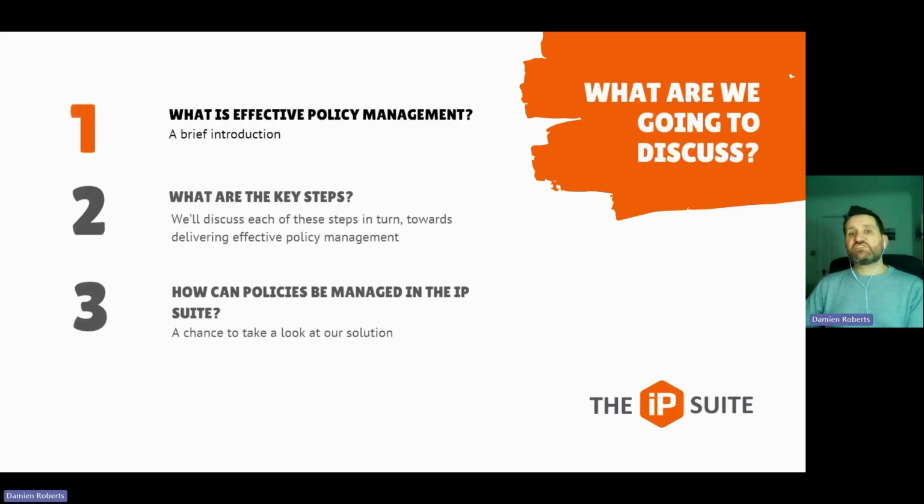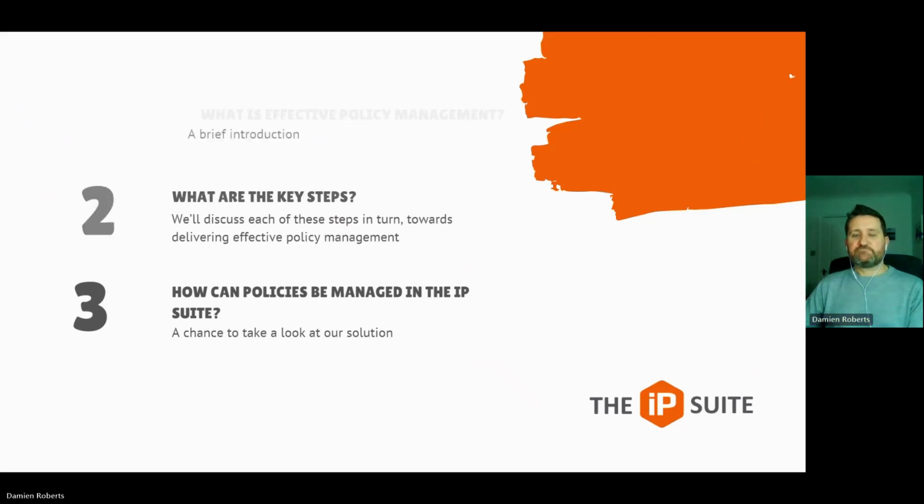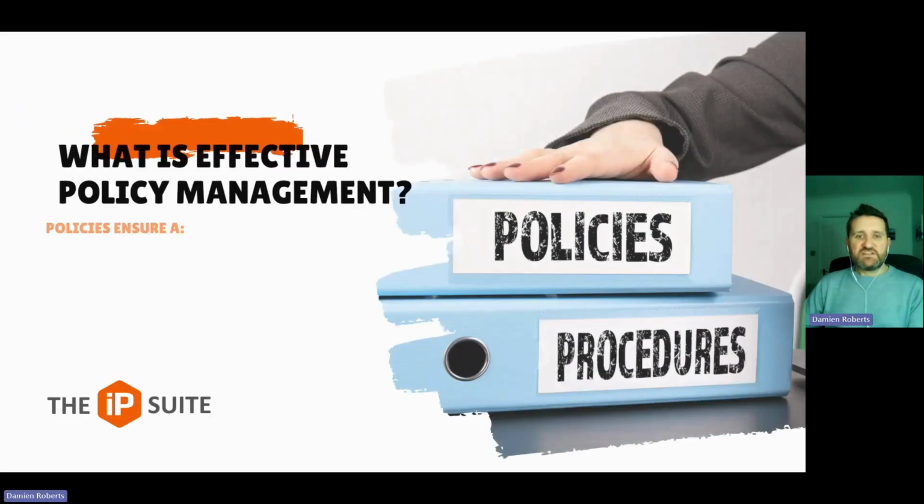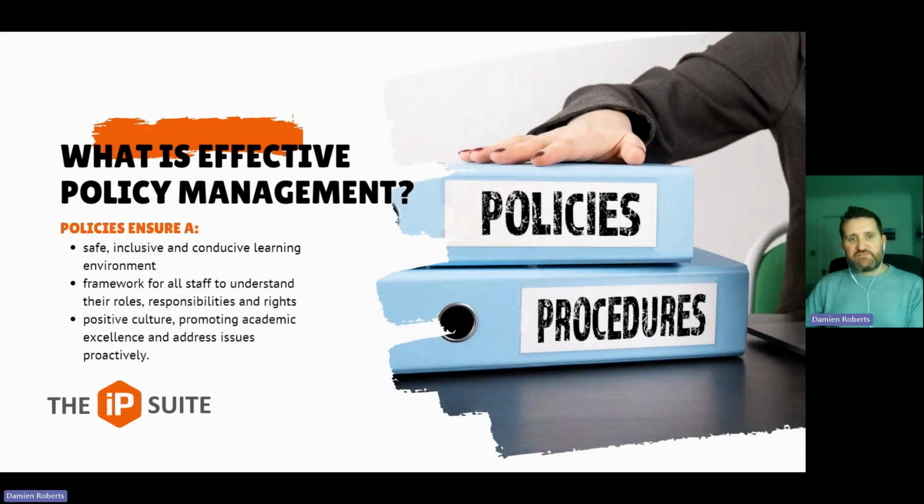So on to our first section on what is effective policy management. Effective policy management plays a crucial role in creating a safe, inclusive, and conducive learning environment in schools and colleges. Policies provide a framework for administrators, teachers, students, and parents to understand their roles, responsibilities, and rights within the educational setting.